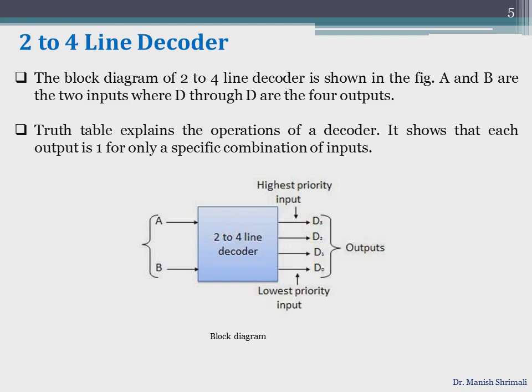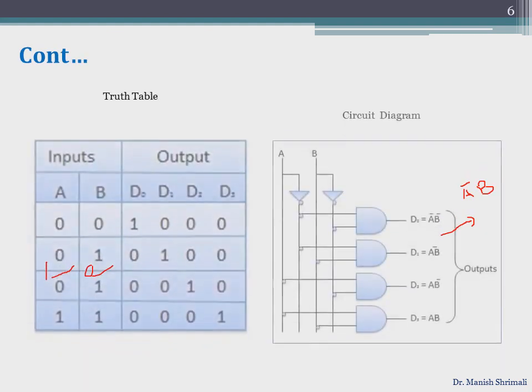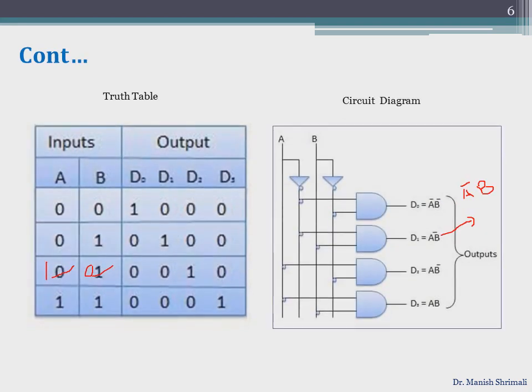The block diagram of the 2 to 4 line decoder is shown in the figure, in which there are two inputs A and B, and we have outputs D3, D2, D1, D0, where D3 is having the highest priority input and D0 has the lowest priority input. Next, here you can see the truth table of this 2 to 4 line decoder and the circuit diagram.